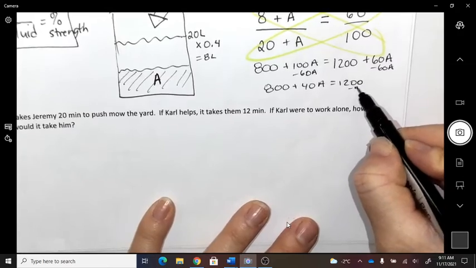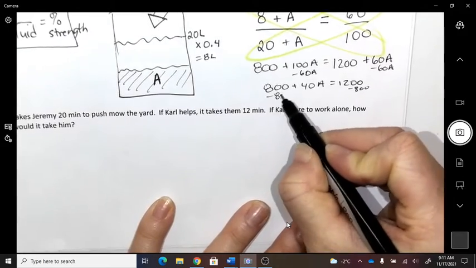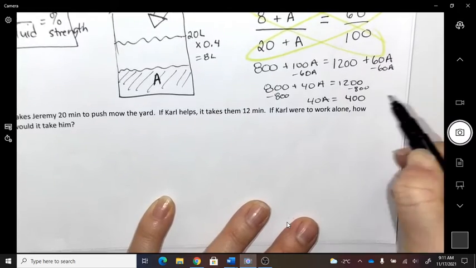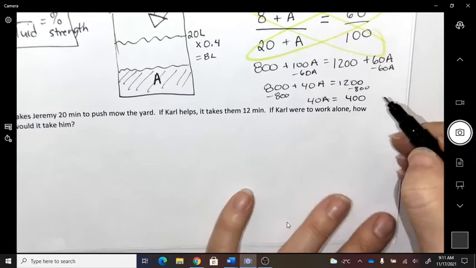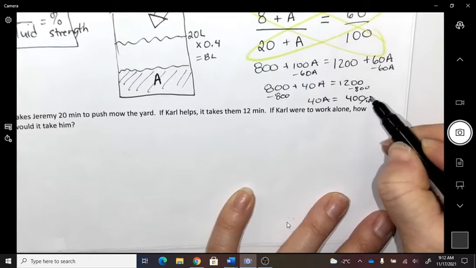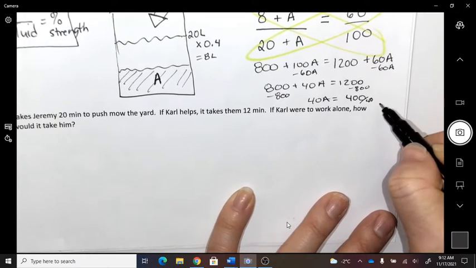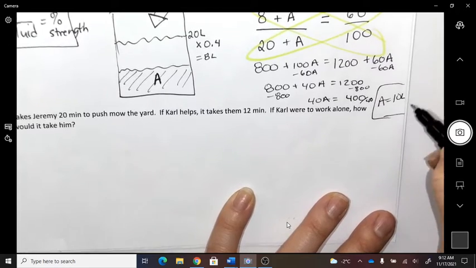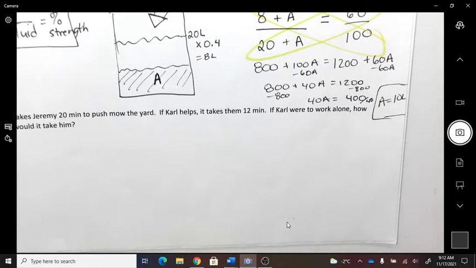Okay, I'm going to subtract 800. Keep going with your algebra. And divide by 40. So what does this all mean? It means that I should add 10 liters of antifreeze in there.